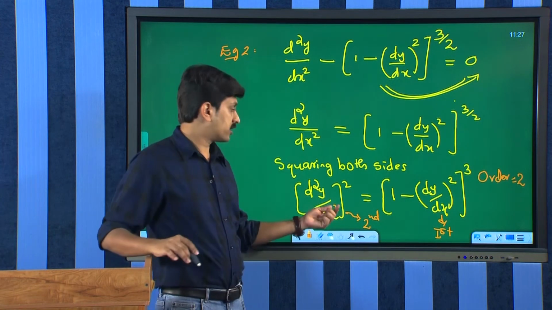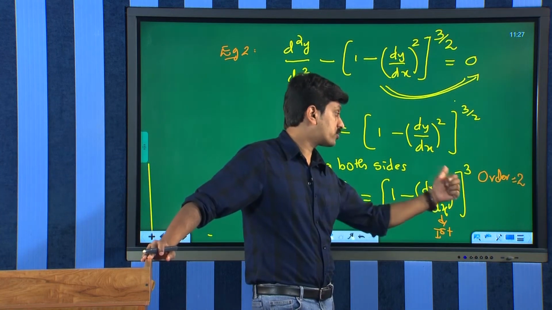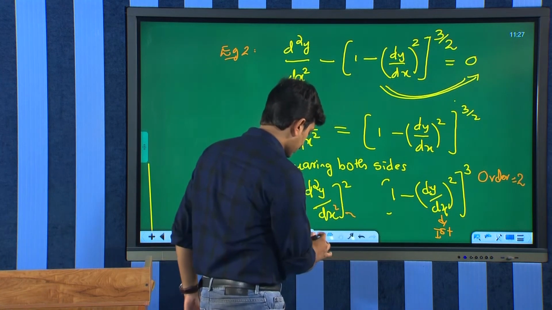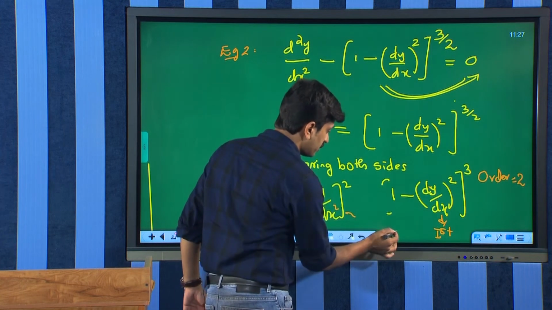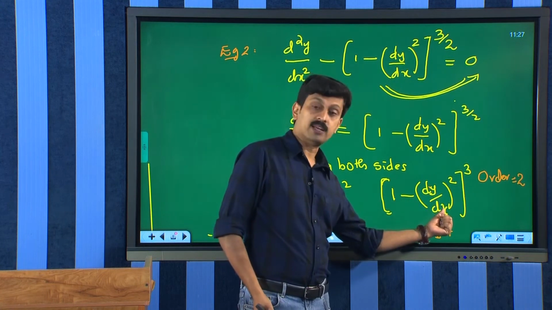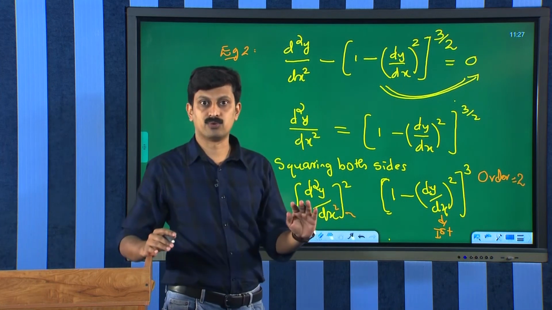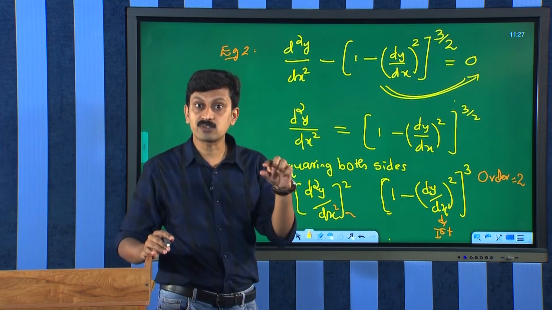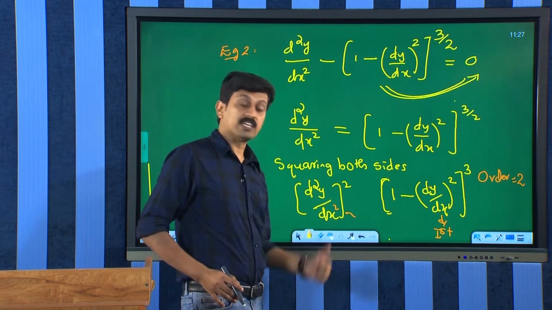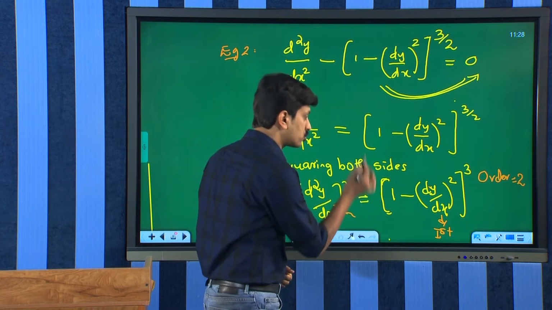Now, while checking this differential equation, here we have (1 minus dy by dx whole square) whole cube. When we expand this, we understand that dy by dx has a maximum power of 6. But the highest order derivative is d square y by dx square, whose maximum power is equal to 2.